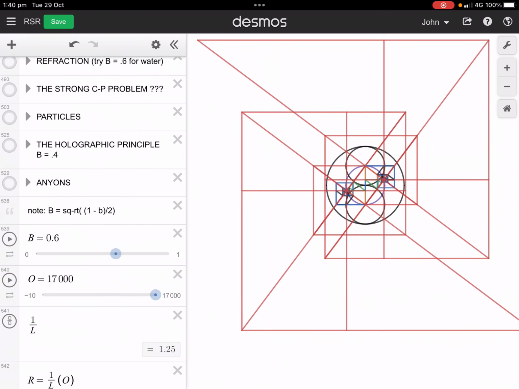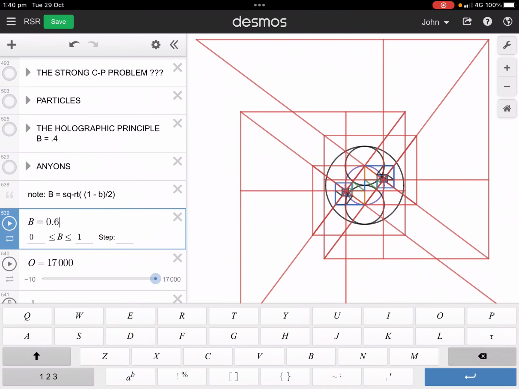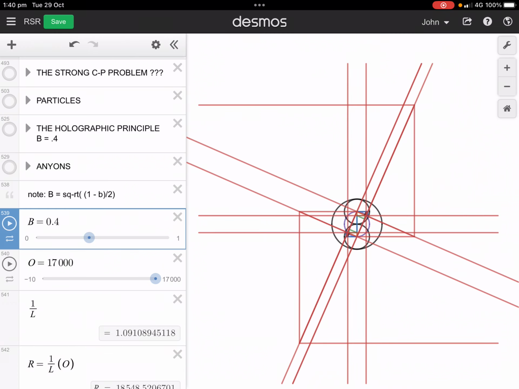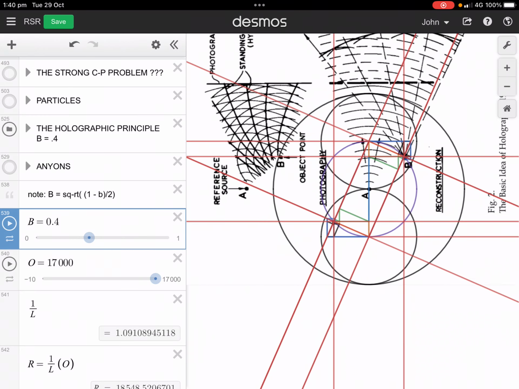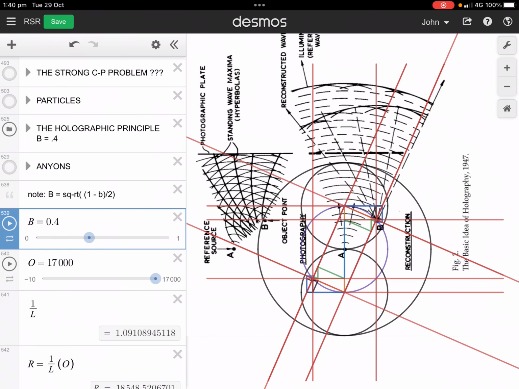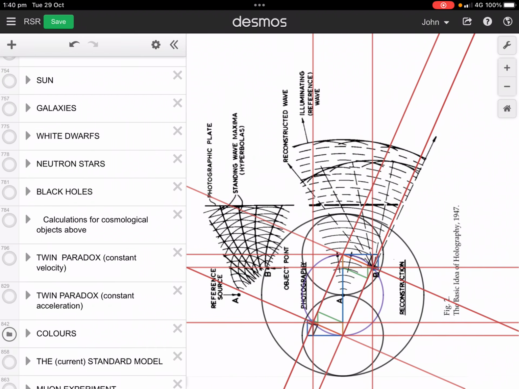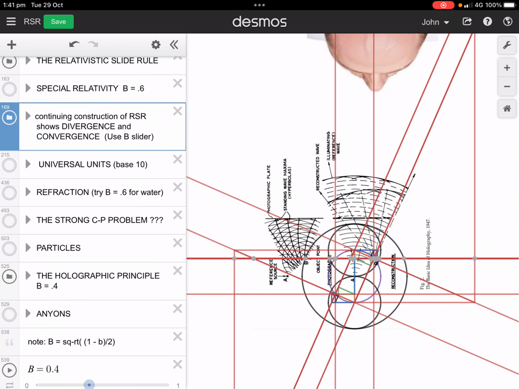And if I reduce that to 0.4, then I can put an undistorted picture of Gabor's basic concept for the holographic principle, and that's undistorted now because I'm using 0.4.